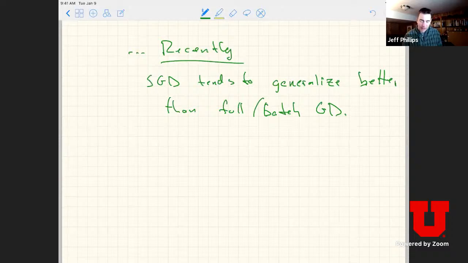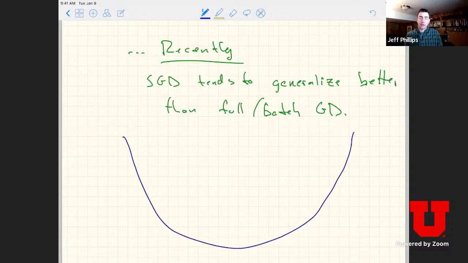And what's happening here is that your cost function might look something like this. The true minimum of this cost function might be alpha star. But this is the result of a bunch of data.